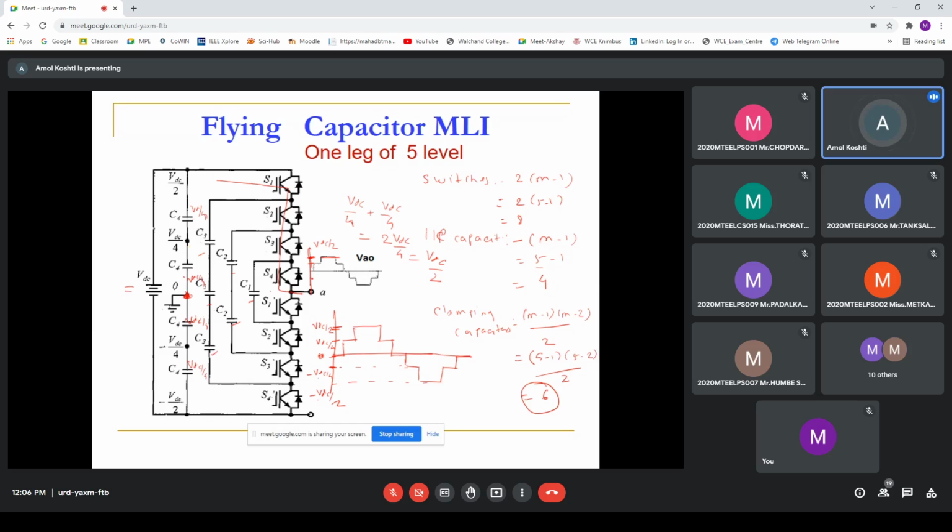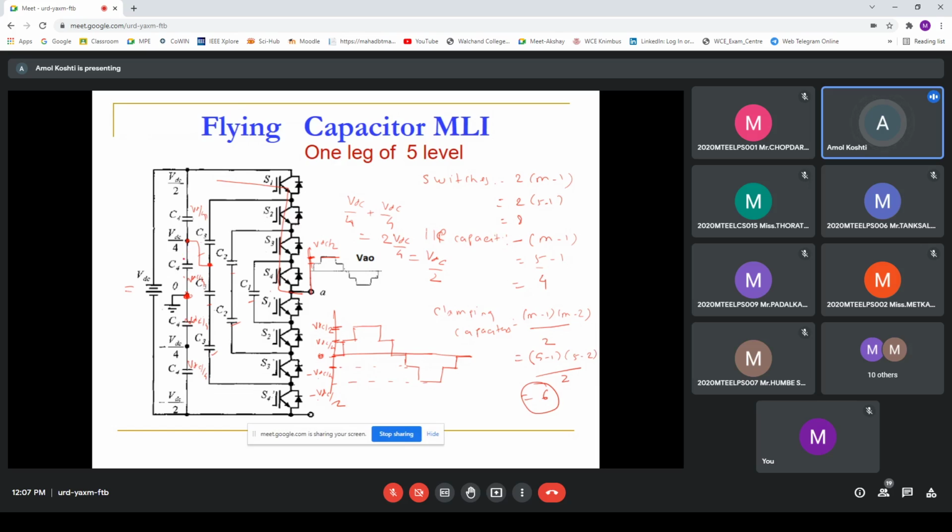Now, if you want only VDC by 4, see how to switch this. For that, you have to take only this C4 into the circuit, and you have to produce this VDC by 4. There is something missing here in the diagram, so you have to connect this point to somewhere here.